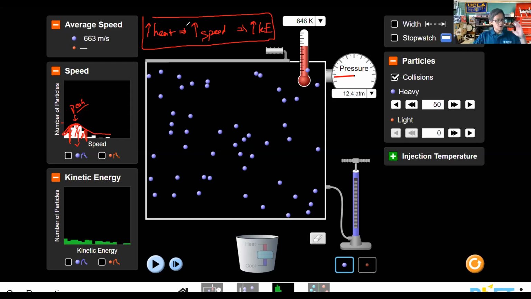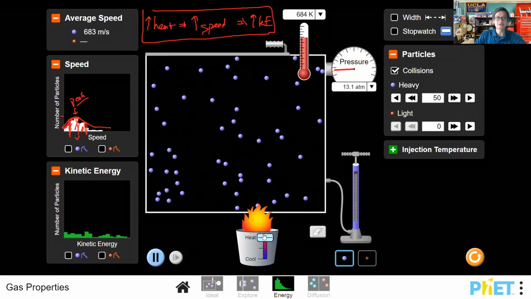All right, so with that said, you notice here the average speed. I'm sorry, I forgot to draw your attention to this earlier, but the average speed, meaning the speed of most of the particles, has increased to 663. So keep an eye on that as I unpause this and add a little bit more heat, and you're going to see that the average speed increases as well.